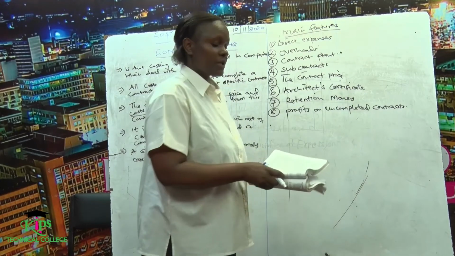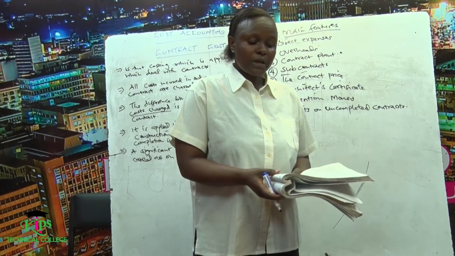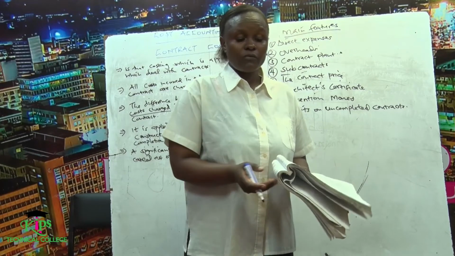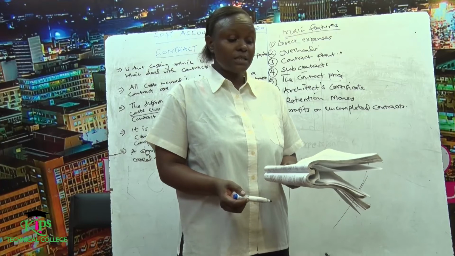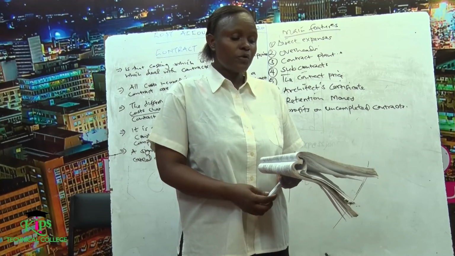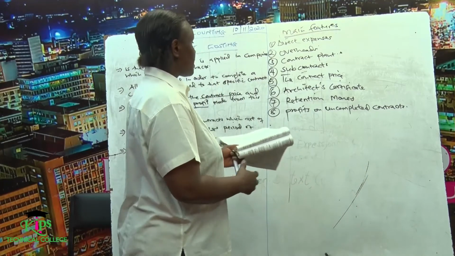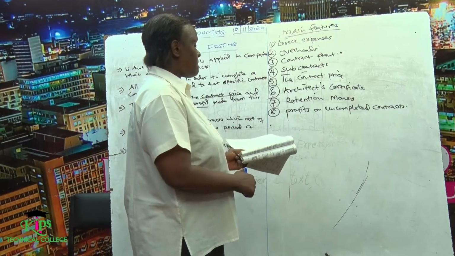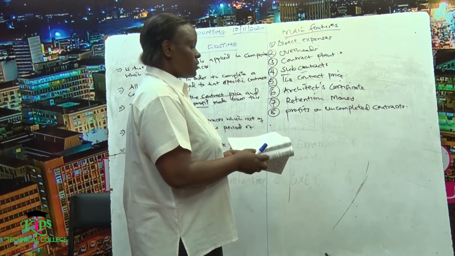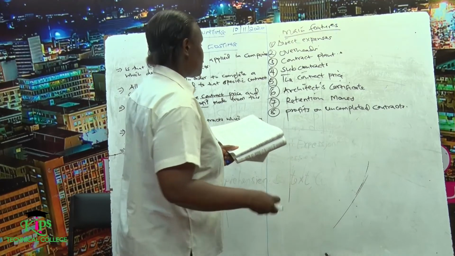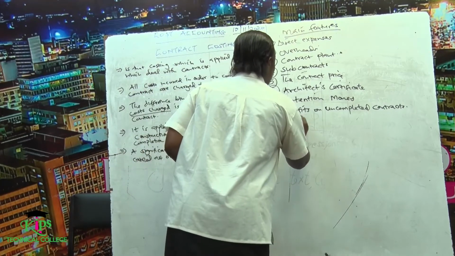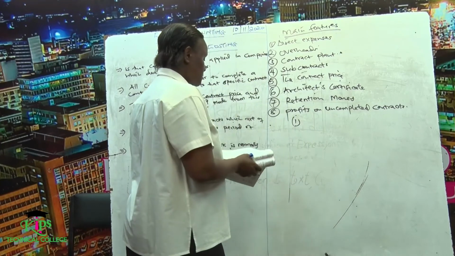Profit on uncompleted contracts. When a contract extends over a number of years, it may be necessary to take some profit each year in order to avoid fluctuations in the annual profits. So, in this regard, you are supposed to understand which profit you are supposed to take to the contract account.